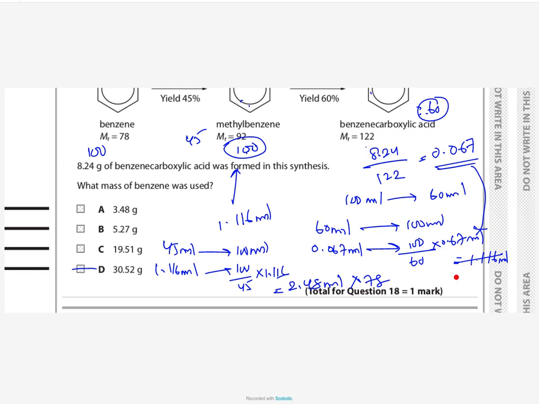This is 0.1116. So you get the answer as 19.5, 1/10 less. Got it? This is 0.116. And this is 0.248 into 78 is 19 point five.